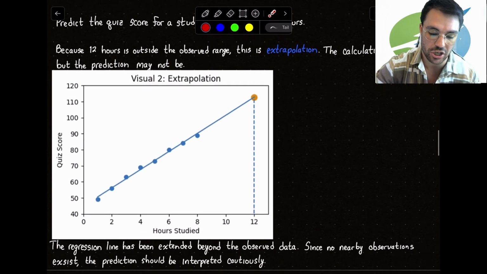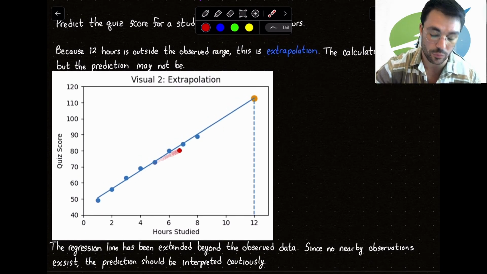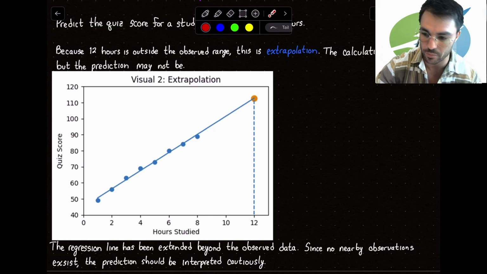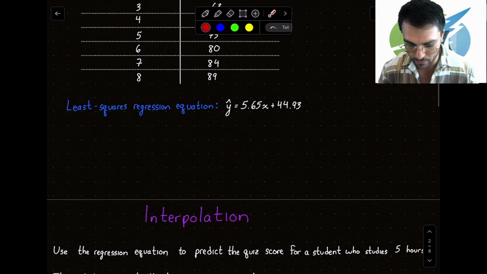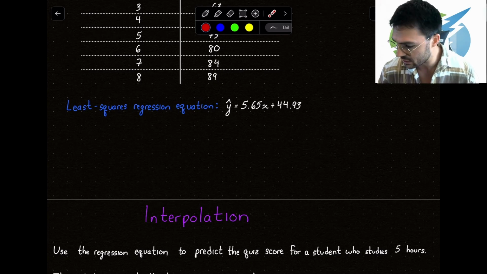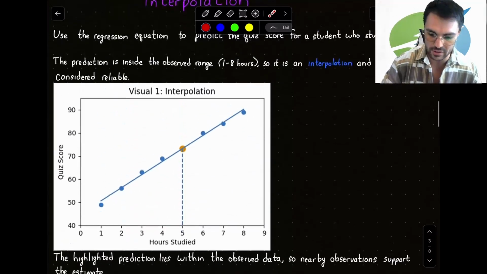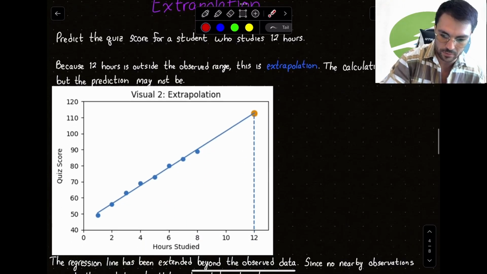This is a prediction based on the regression line we're given. We would plug 12 into the regression equation, and it should be a little bit above 110. Let's do that really quick: 5.65 times 12 plus 44.93. Yep, 112 point something.